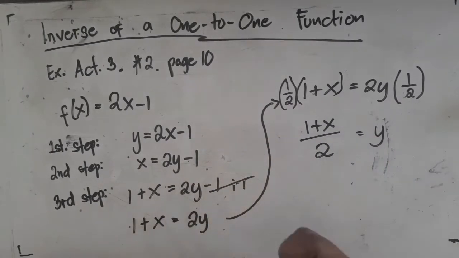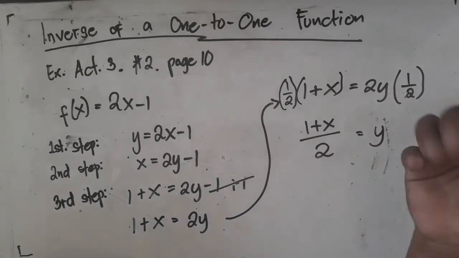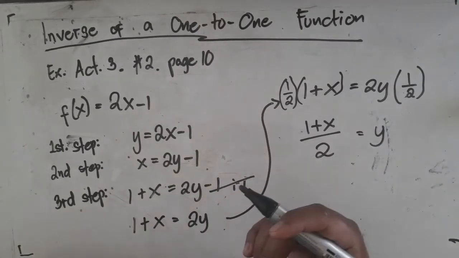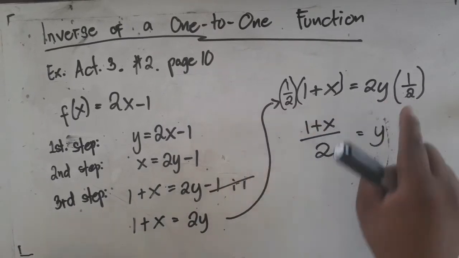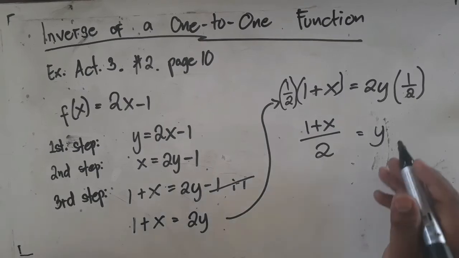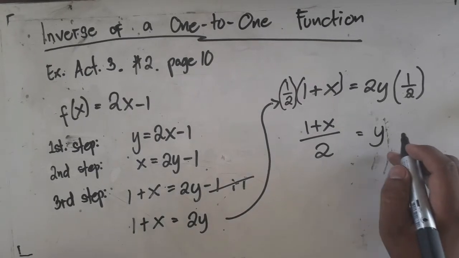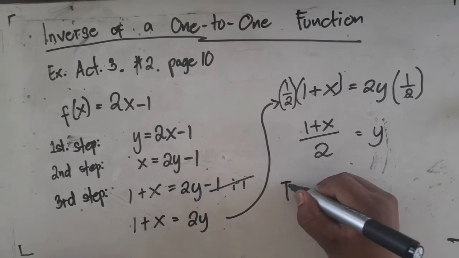This is the same concept as divide both sides by 2, but I want to correct that one: not divide both sides, but multiplying the multiplicative inverse in both sides of your equation. Thus, this is now your inverse.